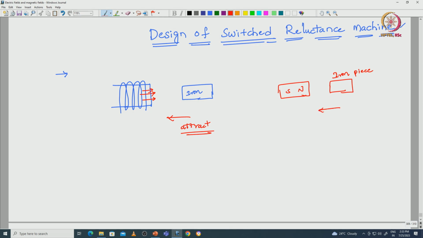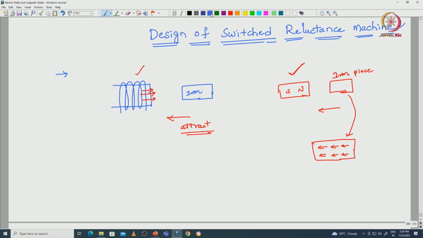This iron piece will attract towards the magnet, whether it is permanent magnet or electromagnet. The magnetic domains with respect to the iron piece will align in one particular direction and the induced magnetic poles with respect to the iron piece are exactly opposite to the source magnetic poles.